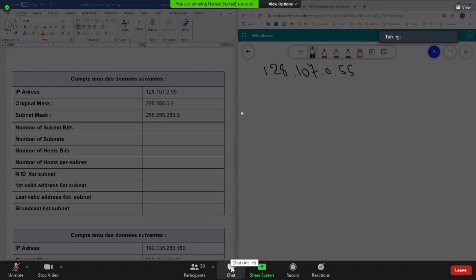Right, so I jumped from /16 to /24. So this is mainly from class. I went from class B, and I applied a class C subnet mask.